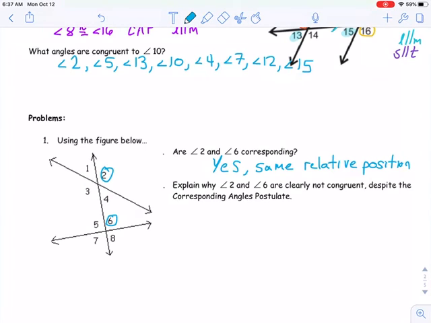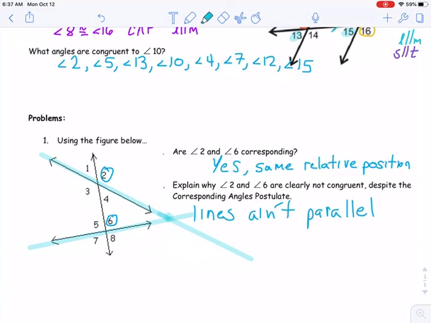They're both like in the top right. But why are they clearly not congruent despite the corresponding angles? Lines ain't parallel. Shout it. Lines ain't parallel. All this is only true when we have lines that are parallel. That's a giant punchline. These lines eventually intersect, so they ain't parallel.